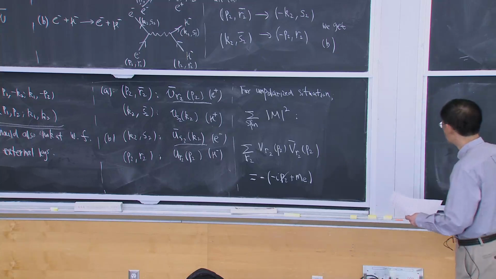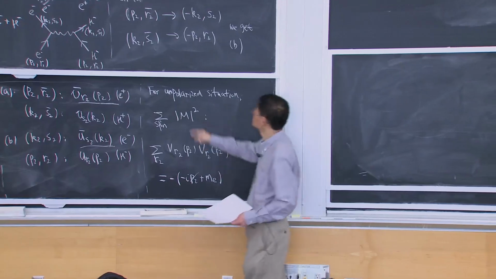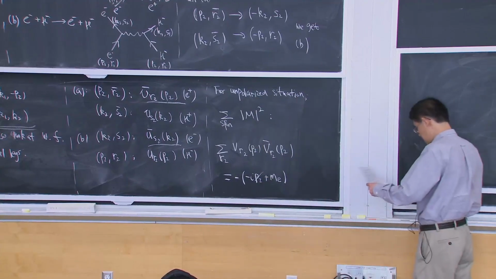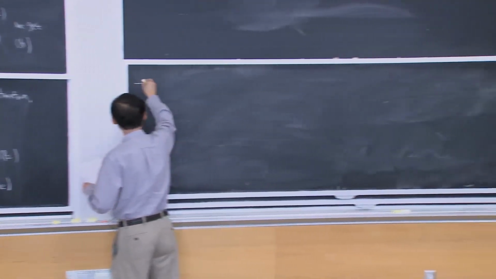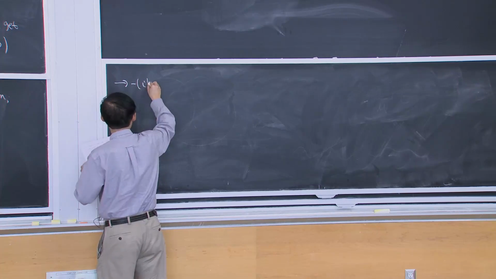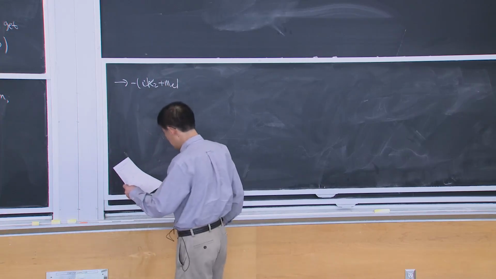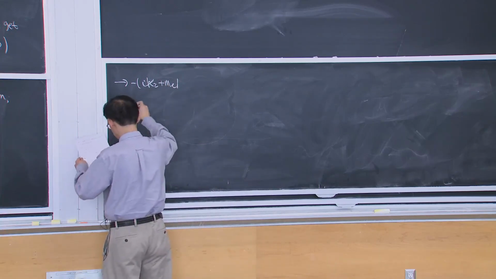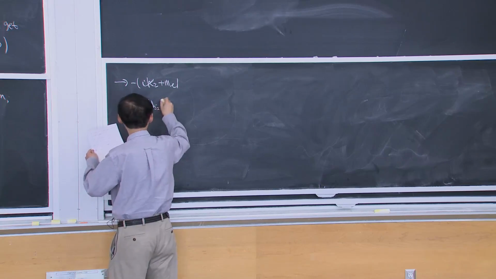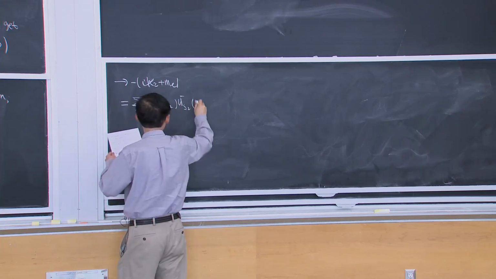Now you can just do the replacement, P2 basically by minus K2. If you do the replacement, that goes to minus i K2 slash plus still the electron mass. And this is the same as the sum over S2 of U S2 K2 U S2 bar K2.